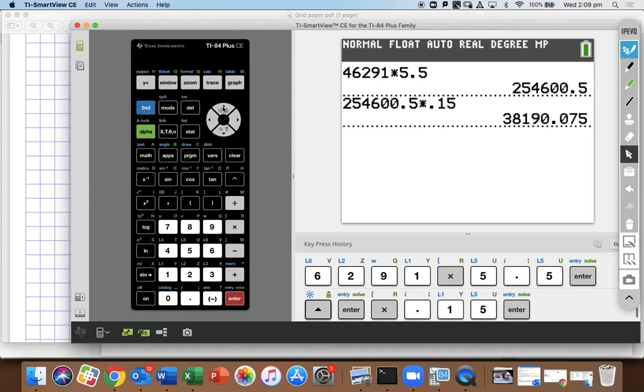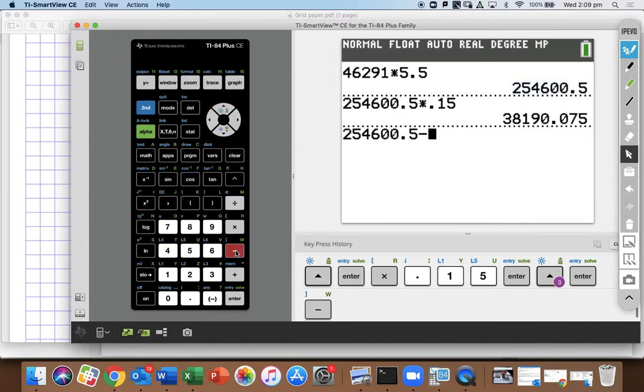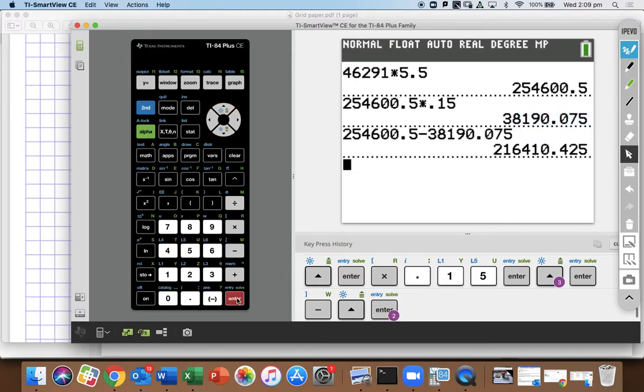We would have to lose that. We have to subtract it away. So we started with this amount, and we subtract away the 15% that I've just lost, and we're left with 216,410.425.